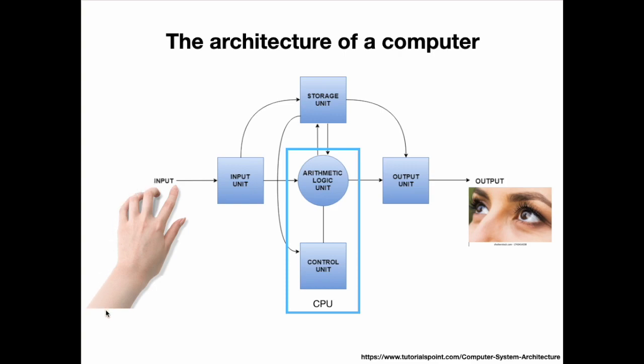That's going to be you interacting at the input level. And what is at the output? It's again you, who will be receiving the information from the computer. So you provide some information as input and will receive some information as output.